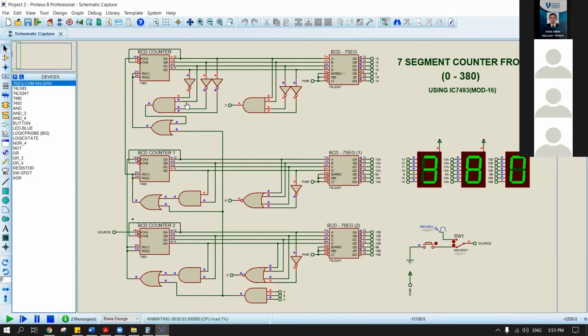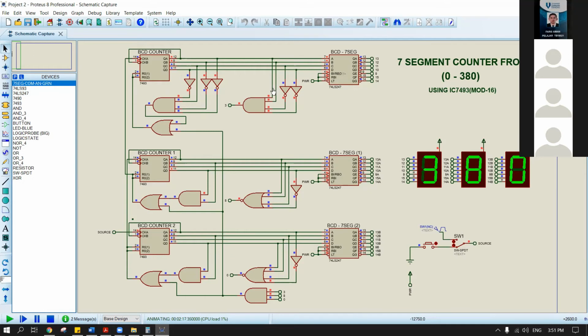We limit it from 0 to 9. You get it? If we don't put the gate, it will count from 0 until 15. That is the main idea why we have to use two sections of gate.